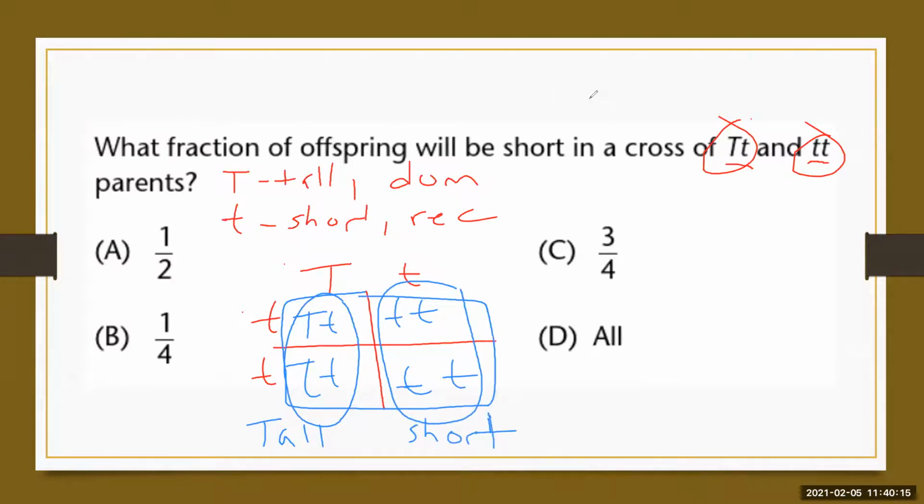So in this case, you would just count out of the 4. The number of short out of the total is 2 out of 4, or 1/2. I hope so.